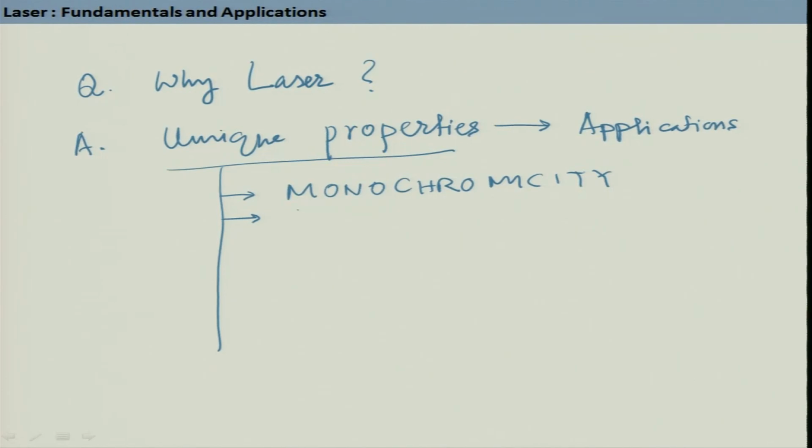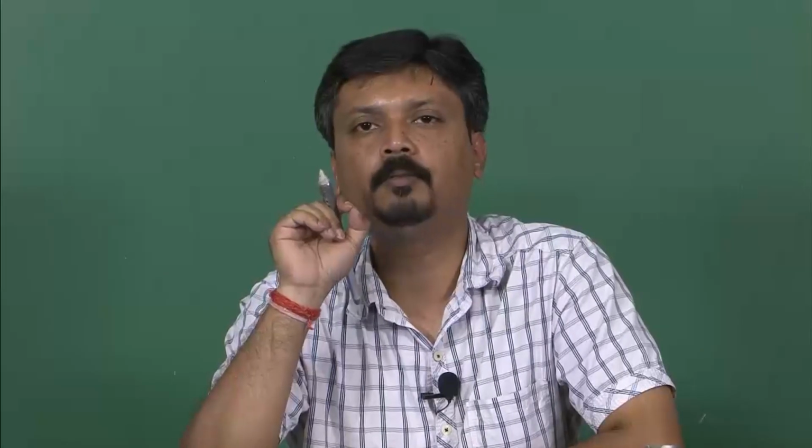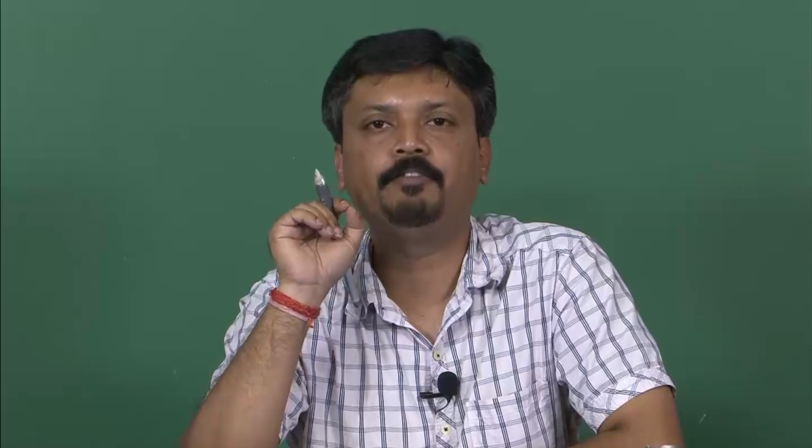Second thing is that laser light is coherent in nature. So, when I say this term coherent, that means that all the photons coming out from laser have the same phase.